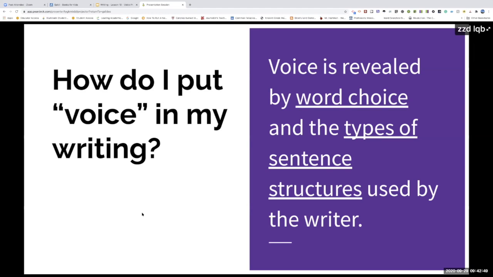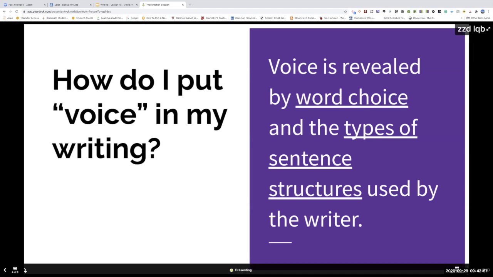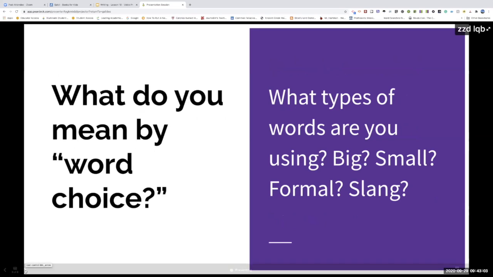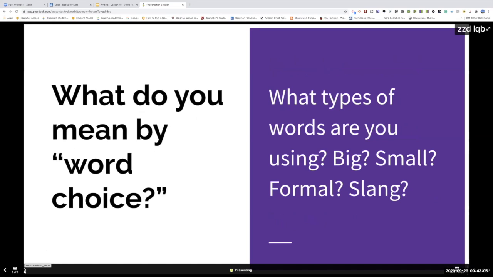That tells us a lot about a character as well. So it's not only what they say, it's what they do. When we talk about word choice, what types of words are they using? Big, small, formal, slang?